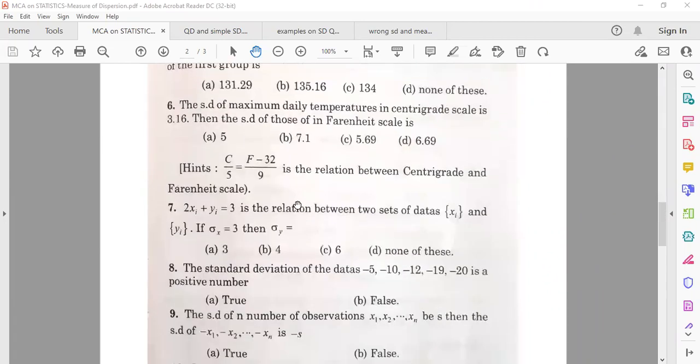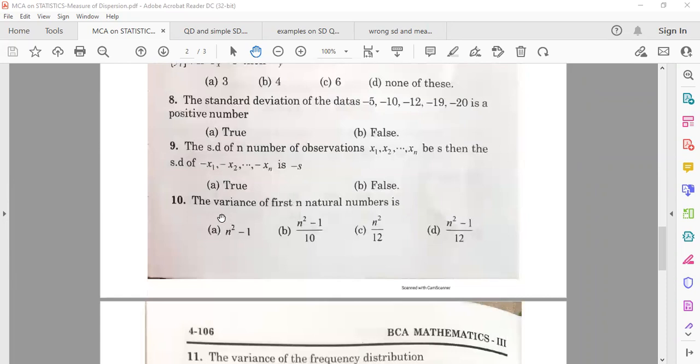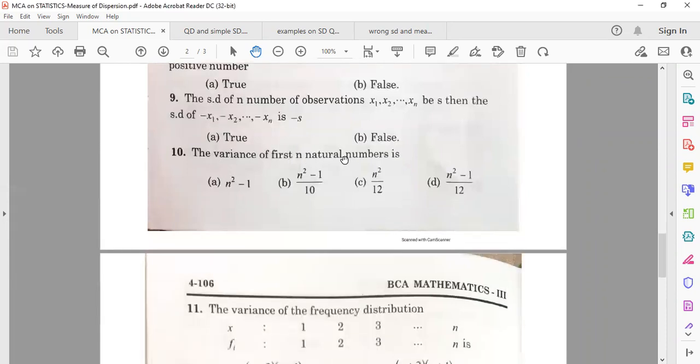Also, you can see some formulas. Variance of the first n natural numbers is quite easy to calculate. How can you get that? The elements are 1, 2, 3 up to n.